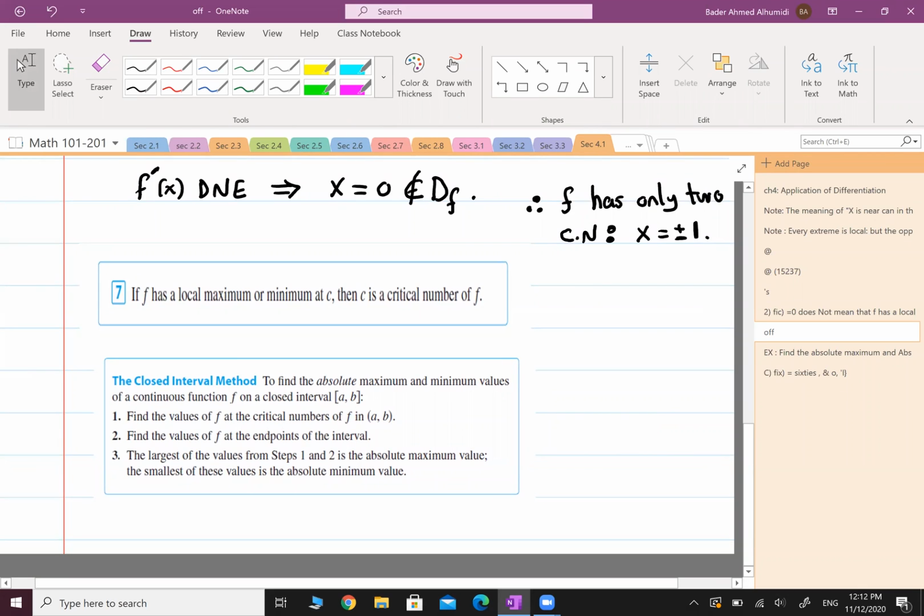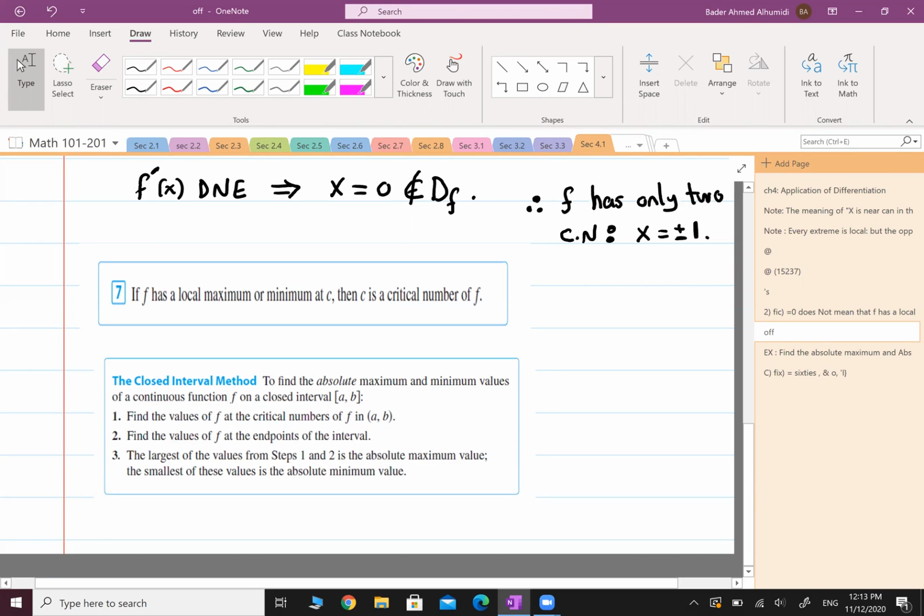So we haven't reached anything yet? No, we have. We said our target, if you remember, is to find the absolute maximum, absolute minimum, local maximum, local minimum.